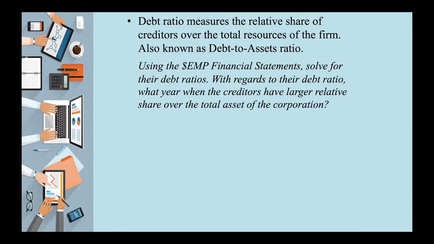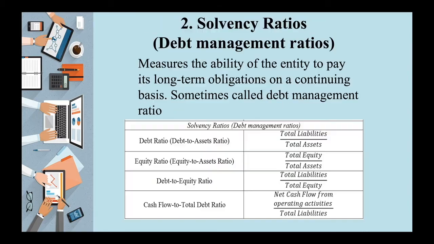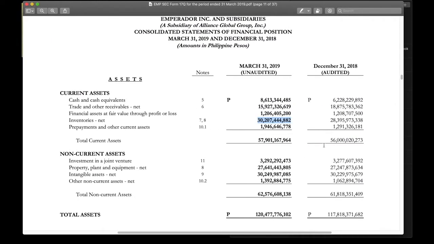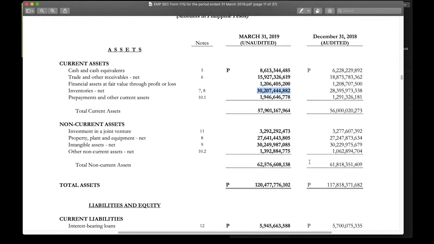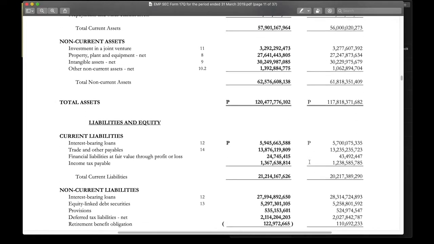So using the EMP financial statements, for their debt ratios, and with regards to their debt ratio, what year when the creditors have larger relative share over the total asset of the corporation? Again, the formula is total liabilities over total assets. So let's have the total liabilities ng year 2019 and 2018.